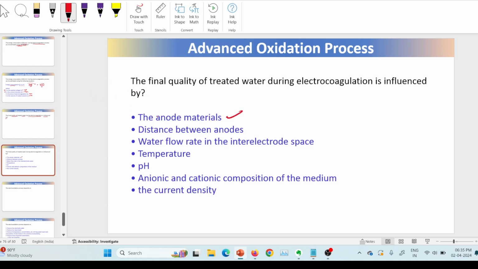Here the anode material is made up of aluminum or iron, so it will get oxidized and form hydroxo complexes with water. If you choose different anode materials, you will get different quality of treated water.